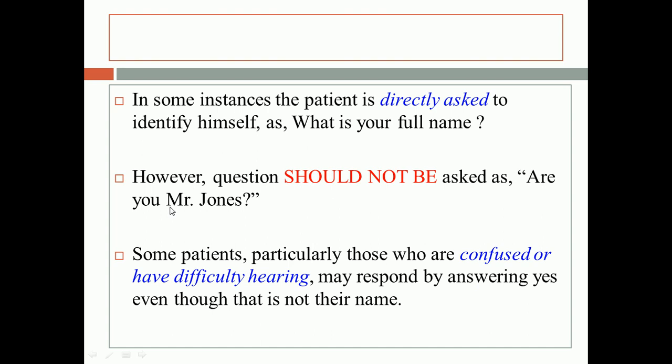In some instances, the patient is directly asked to identify himself: what is your full name? However, the question should not be asked as, are you Mr. Johns? Some patients, particularly those who are confused or have difficulty hearing, may respond by answering yes, even though that is not their name.